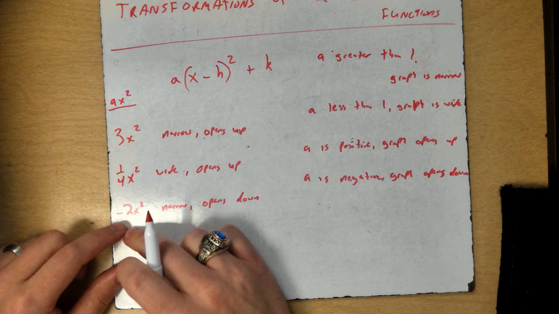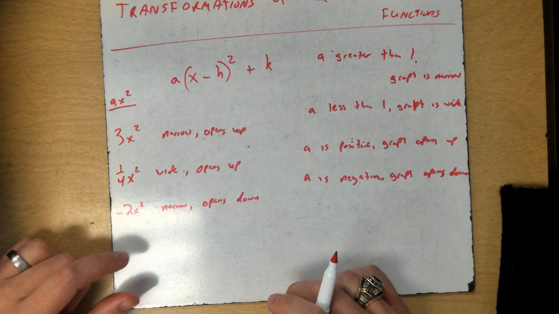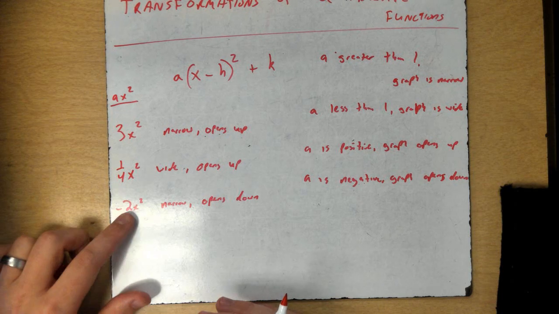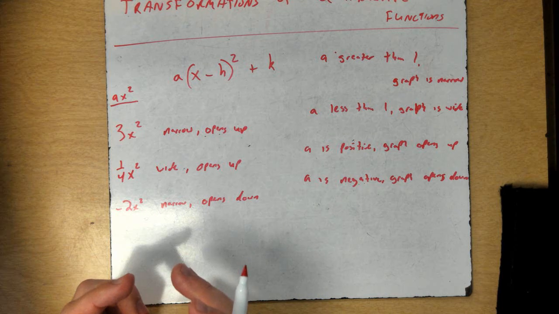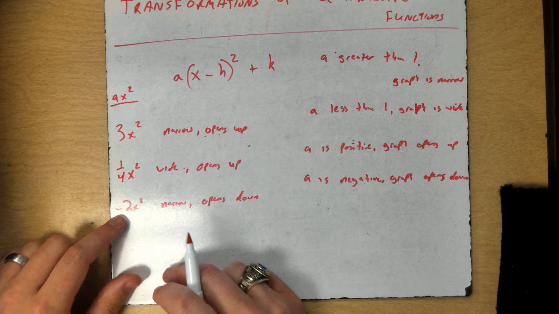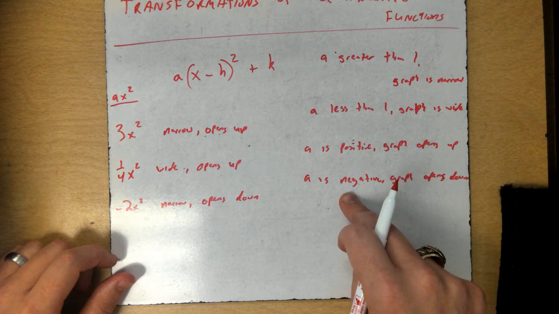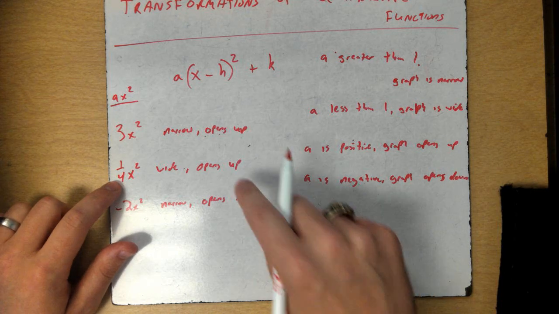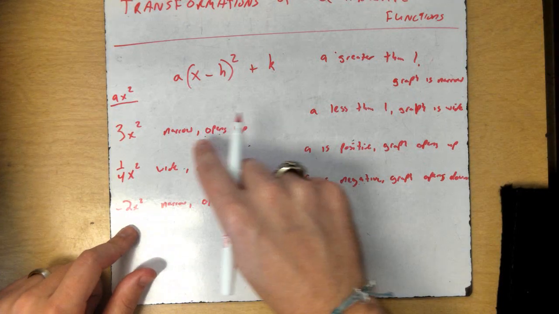Now I know technically negative 2 is less than 1, but when I talk about it, I mean the absolute value. It's not a fraction; it's the absolute value of 2. That negative doesn't go with the 2 per se. It just shows us if it's up or down. If it's positive, it goes up. Negative, it goes down. If it's a fraction less than 1, it's wide. If it's a number greater than 1, either way, it's going to be a narrow graph.